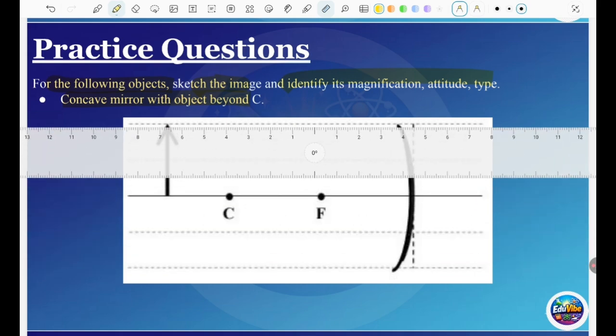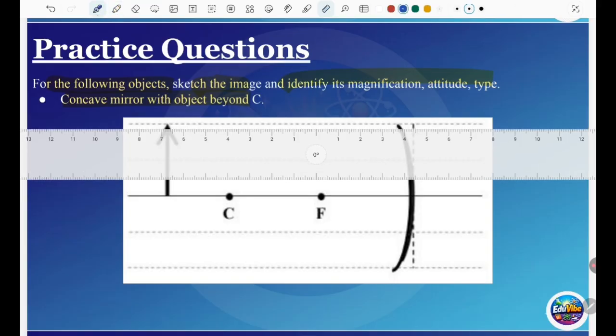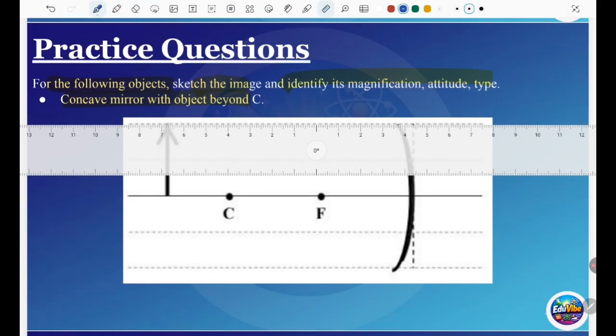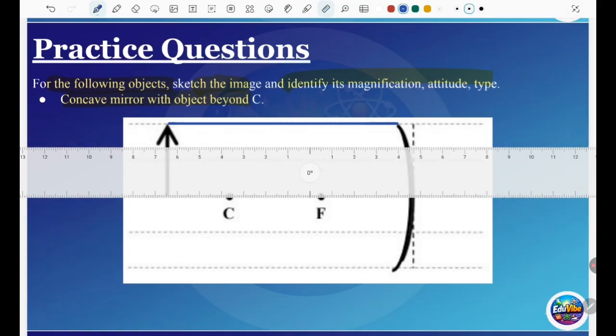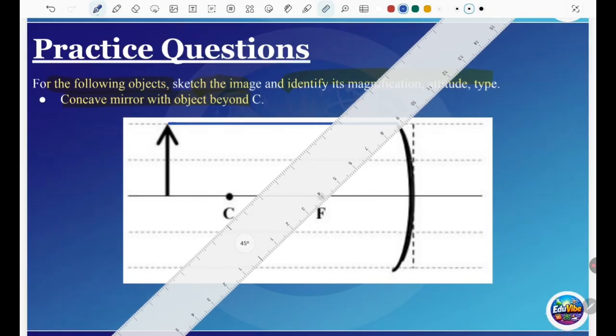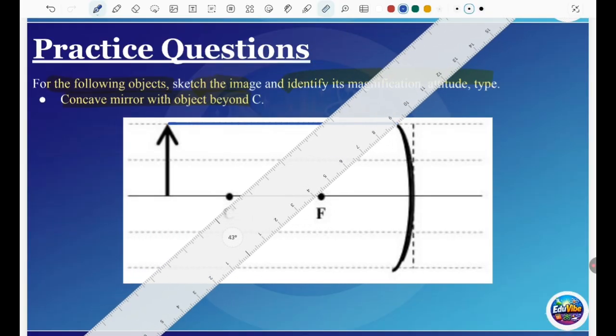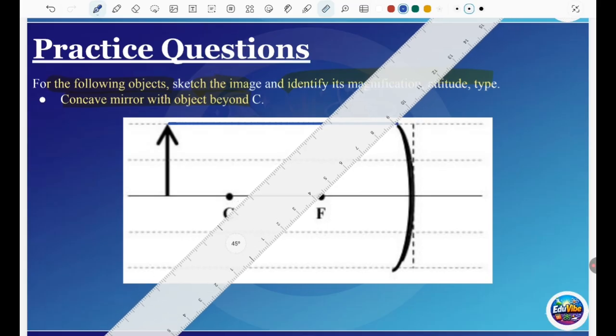Firstly, I will make the ray which is parallel to the principal axis and passes through the focal point. For this, I will use my scale. You also have to use your scale for an accurate diagram. I put it over there and draw the line till here, passing through the focal length, like this.